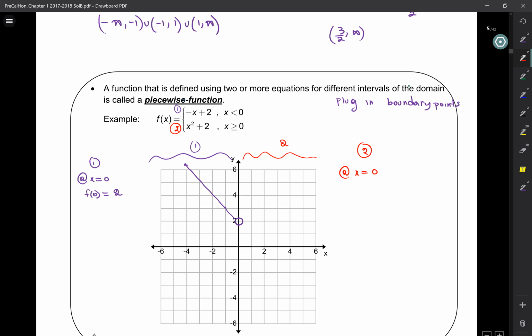At x equals 0, y is 2. Is it open or closed? Closed. Now, if you have an open and a closed overlapping, you just close it. That's it. And then what does that look like? It's a parabola that goes up, so it looks like this.